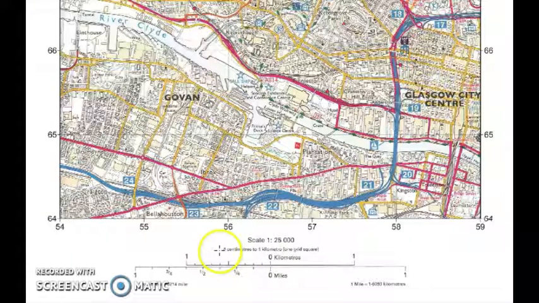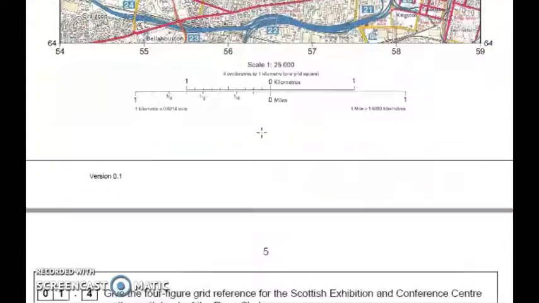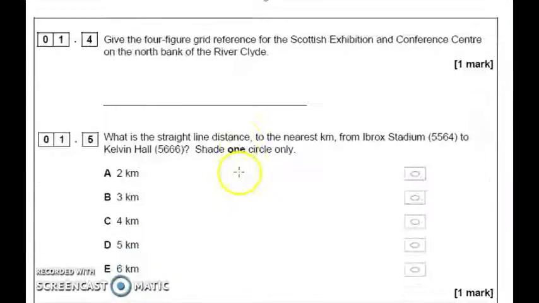This one says quite small, 4 centimetres is 1 kilometre. So all you've got to do is get out a ruler, you'll measure Ibrox Stadium to the Hall, and the answer is 8 centimetres, which is 2 kilometres. So you'll be shading in that circle for A.